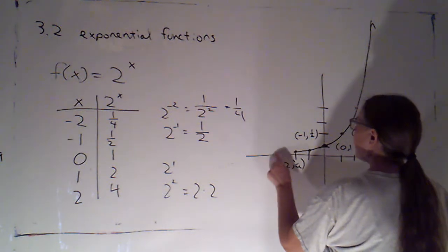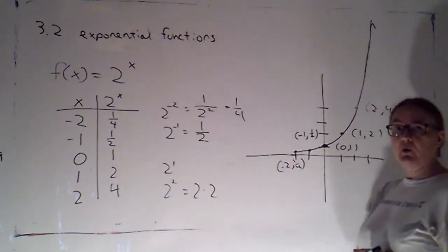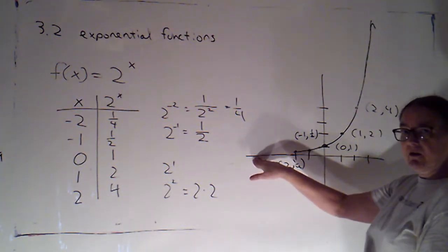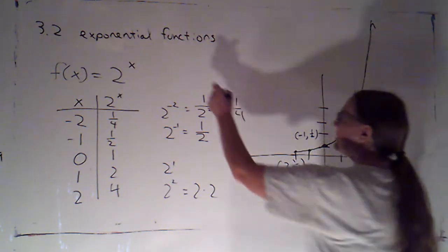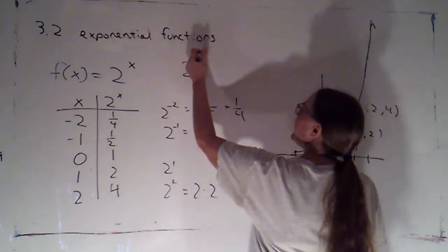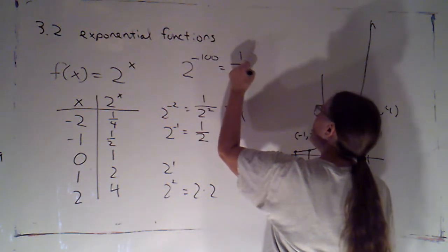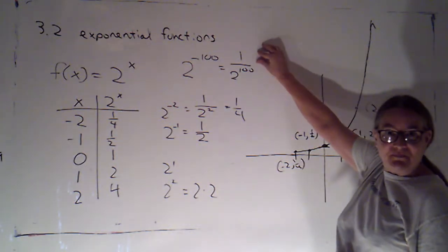It will be the case that I'm getting smaller numbers the further I go to the left. But am I ever going to actually hit 0? No. Because if I have 2 to the negative 100, that's 1 over 2 to the 100. Got a 1 on top.